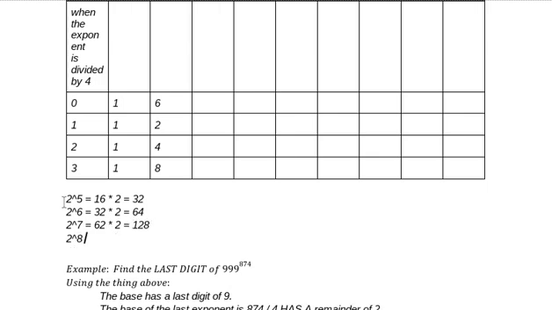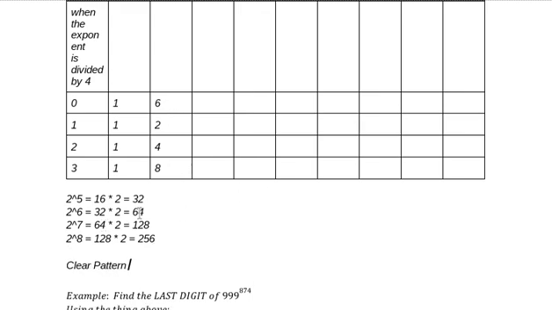And then 2 to the power of 8, sorry, is 128 times 2, which is 256. So as you can see, it has a clear pattern of 2, 4, 8, 6.